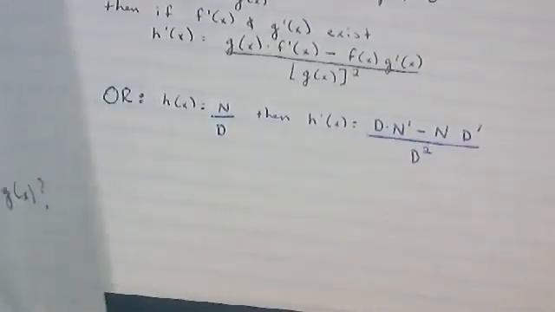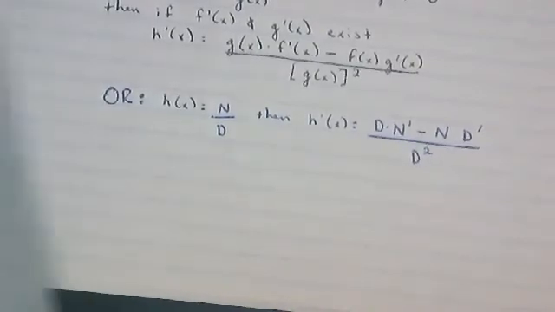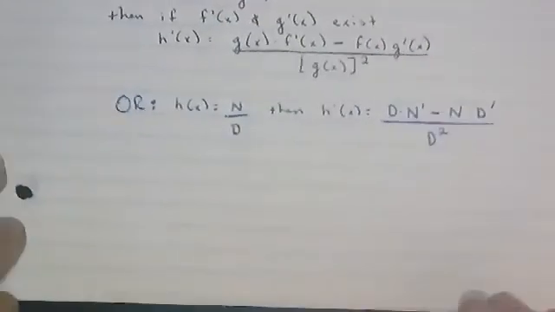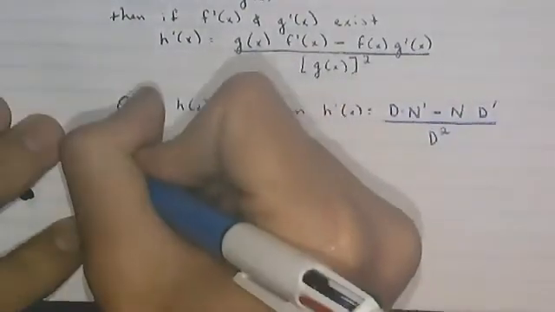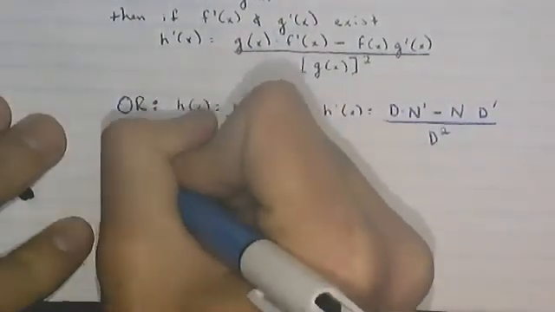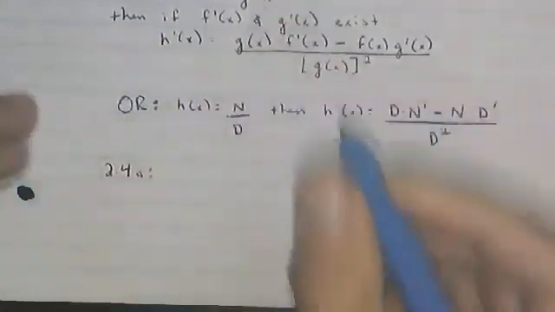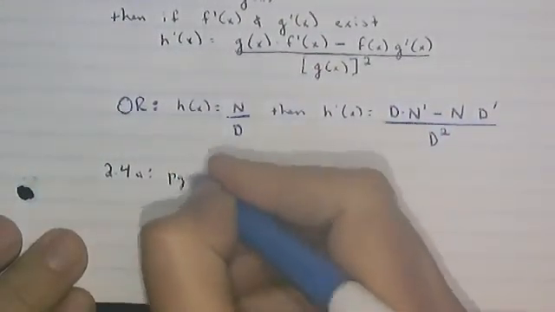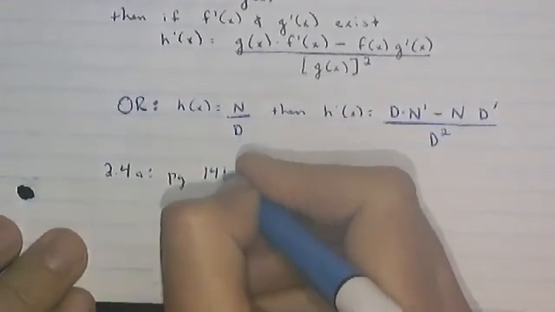We're going to call this 2.4a. There will be another assignment associated with 2.4. So 2.4a is on page 141.